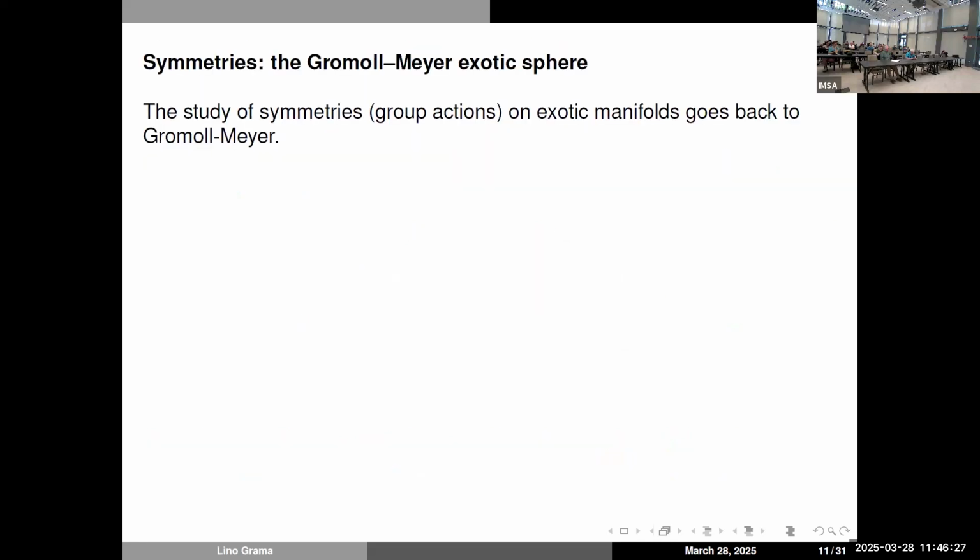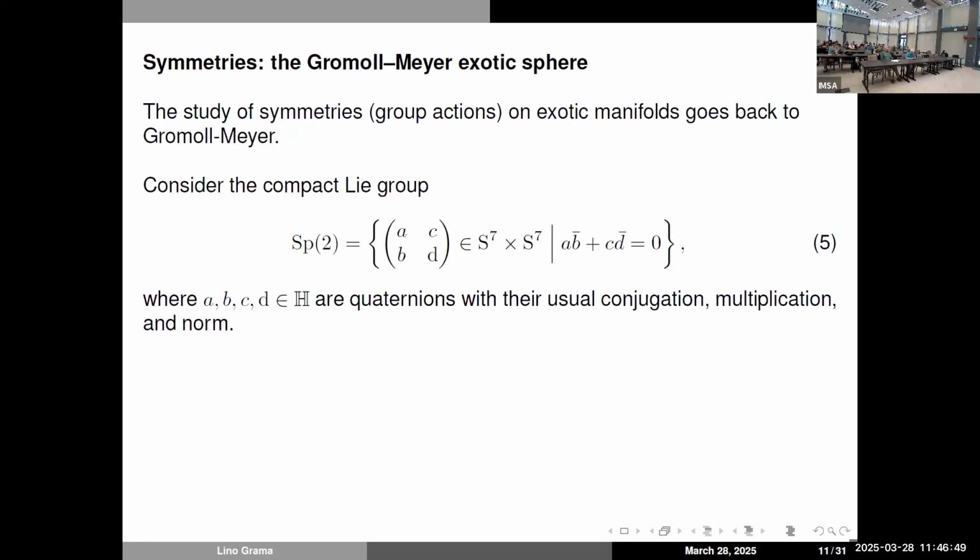And now I would like to put more structure here, because we would like to explore more group actions. Very quickly, just to recall, now it's called Gromoll-Meyer exotic sphere. This comes from a group action. To describe this, we consider this 10-dimensional manifold, the group Sp2, given by S7 times S7 inside, where A, B, C, D are quaternions.